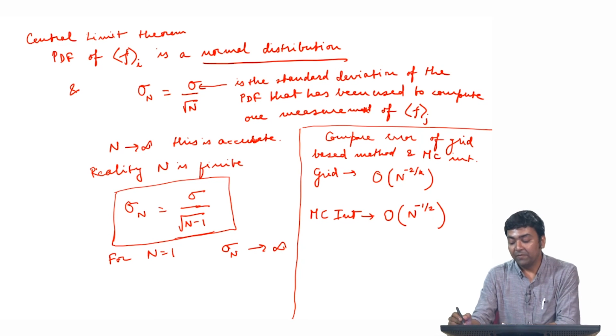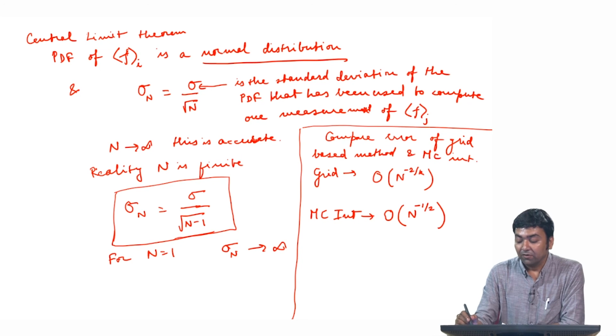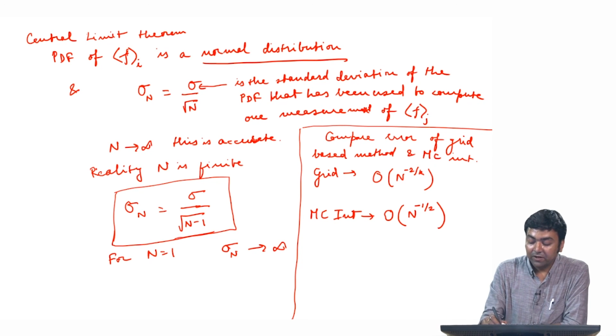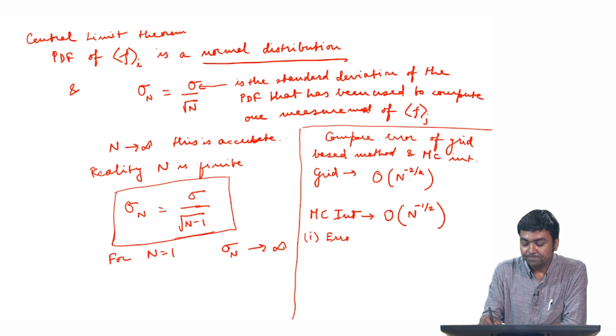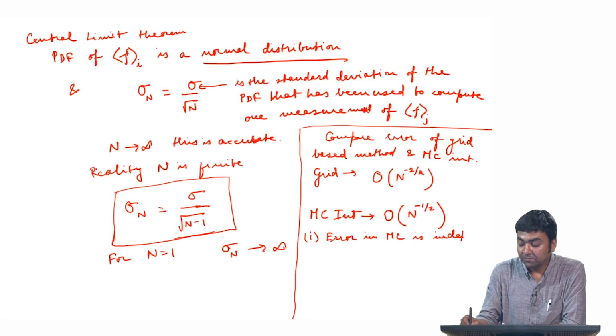So, what is the major difference? What can we learn from these two? The first thing we learn is that the error in MC is independent of the dimension of the integral.